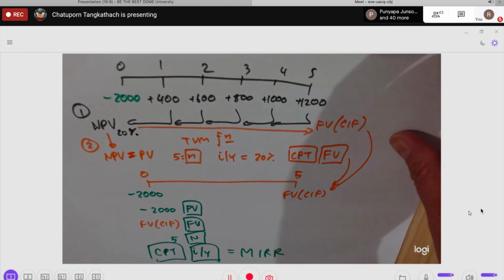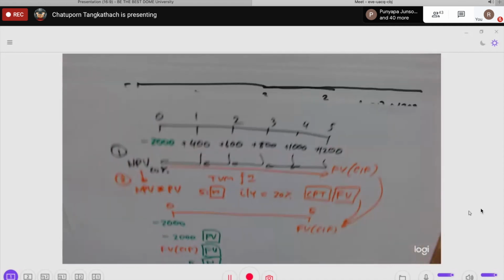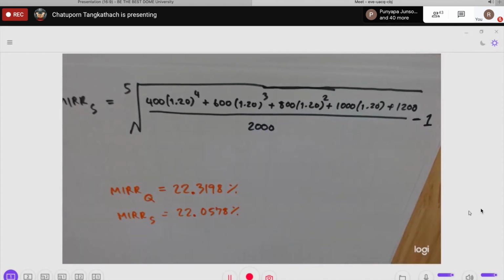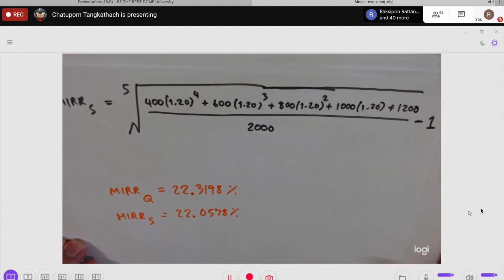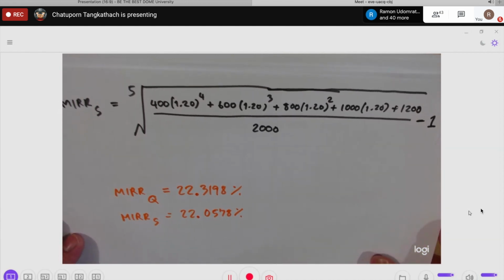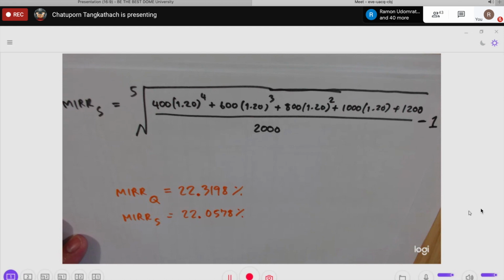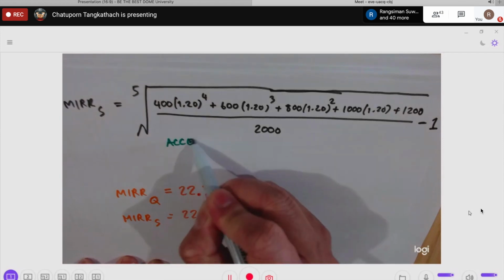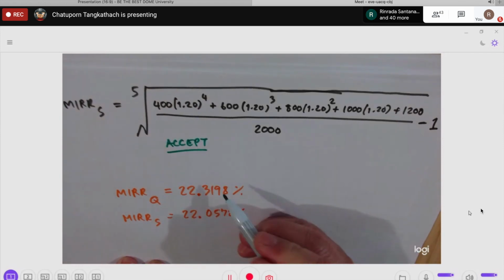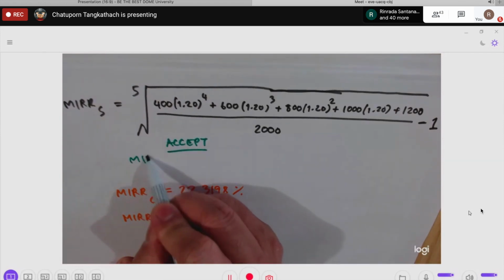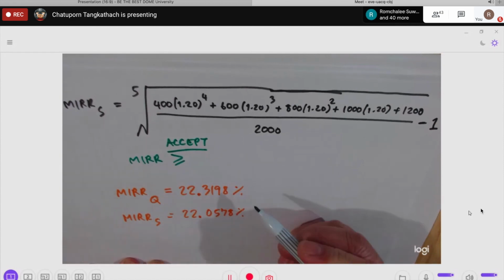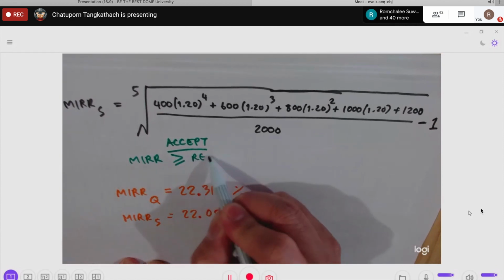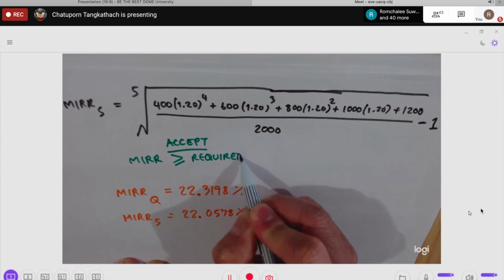For MIRR, the concept is very similar to IRR, except that we modify the decision rule. We would like to accept, the same as IRR, when MIRR is greater than or equal to our required return.